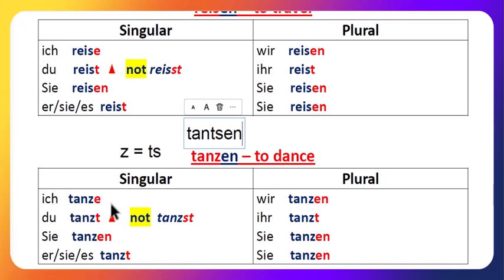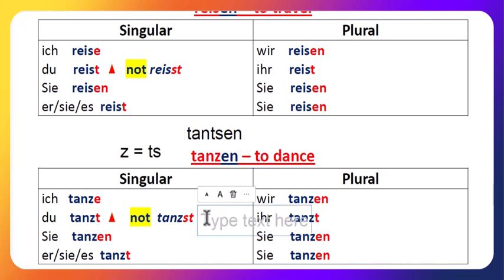Du tanzt, with a T. This is the correct one. Tanzt, because Z is pronounced as TS. Tanzt.